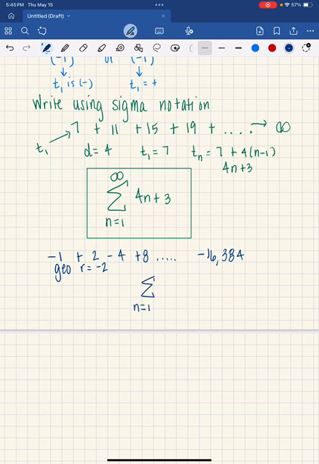I don't know, though, up here, what's that going to be? And I know that my equation is t sub 1 times r to the n minus 1. Okay, well, I've got to figure this out.